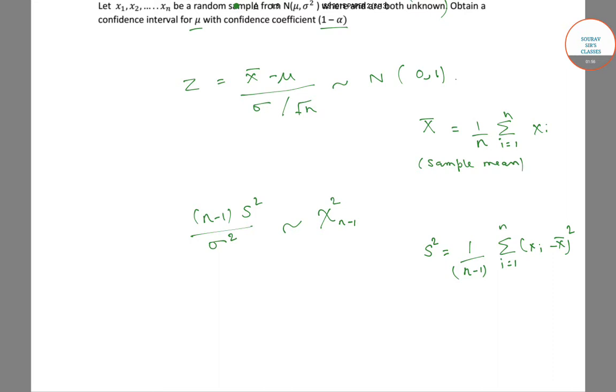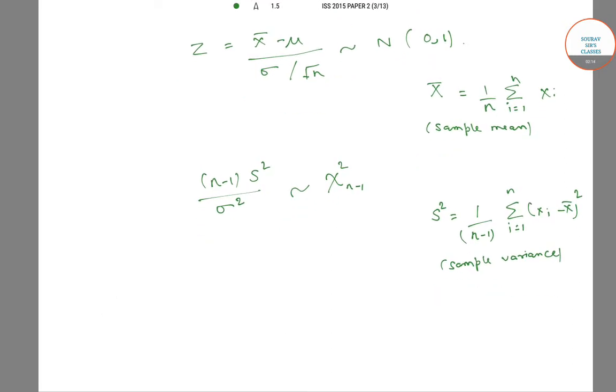So this s square is the sample variance, given by s square is equal to 1 by n minus 1 summation i goes from 1 to n xi minus x bar whole square.